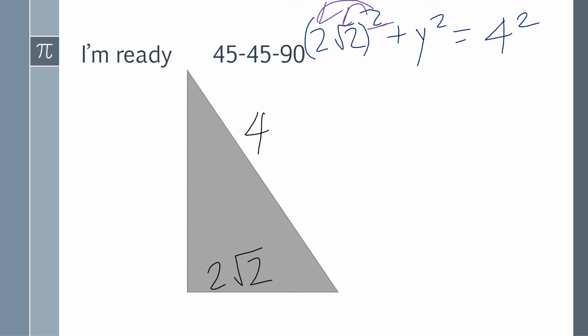So 2 squared is 4, but we know that the power of 2 and the square root are inverses of each other, so it's going to be 4 times 2, getting rid of that square root. 4 times 2 is 8. We know y squared, and we know this to be 16.